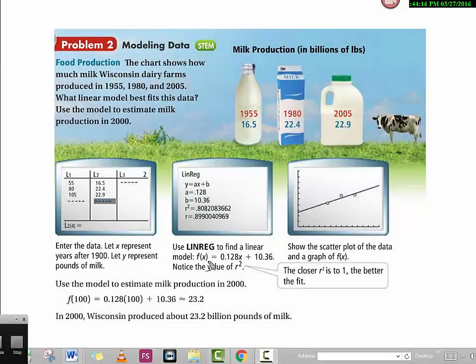Once we have this linear function generated by the linear regression model, we can use it to estimate the milk production in year 2000.